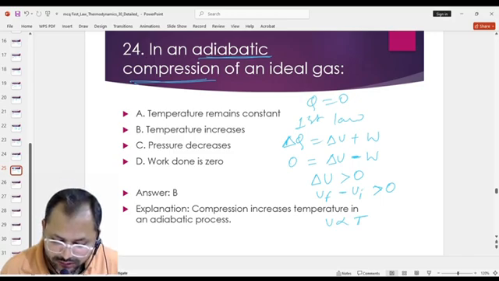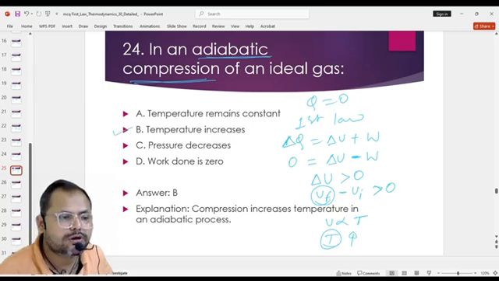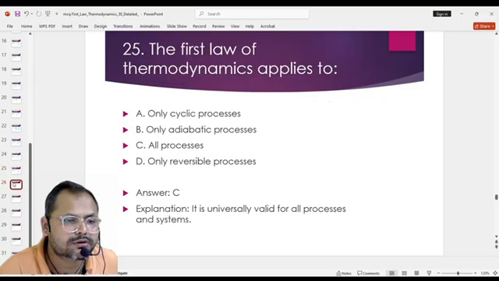So temperature also increases because internal energy is increasing. Temperature also increases in case of compression. Got it? So next question.